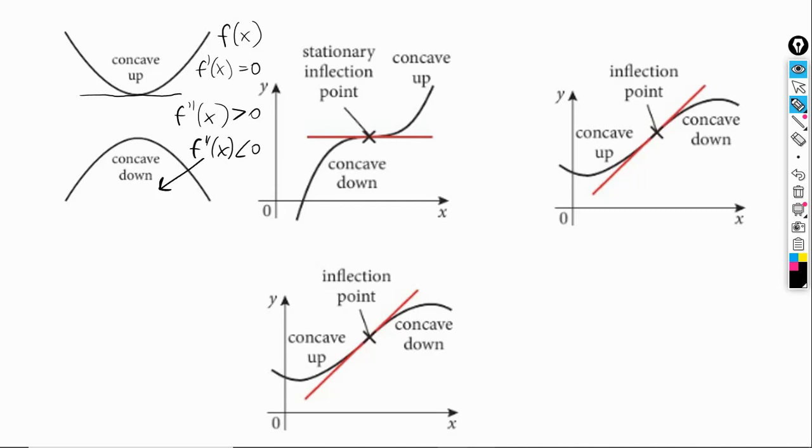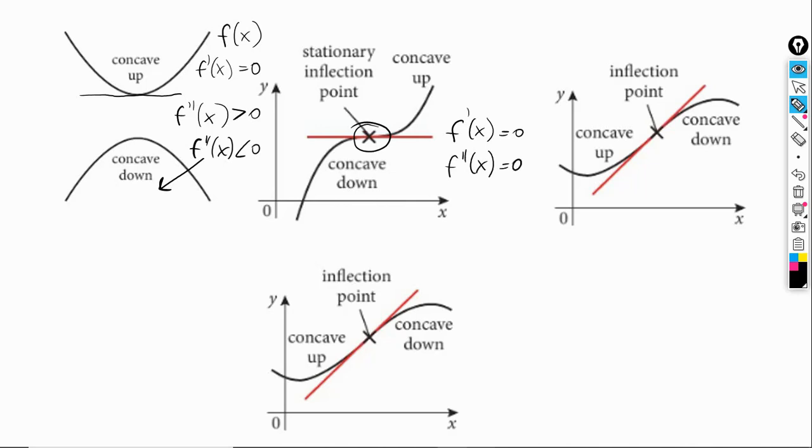Okay, but what happens in other cases, like the ones that we have here in these other 3 graphs? Notice that these graphs don't represent maximums or minimums, but rather inflection points, stationary. In this case, this is a stationary inflection point. And something interesting happens here, because for this stationary inflection point, the first derivative would equal 0 there, but also the second derivative.